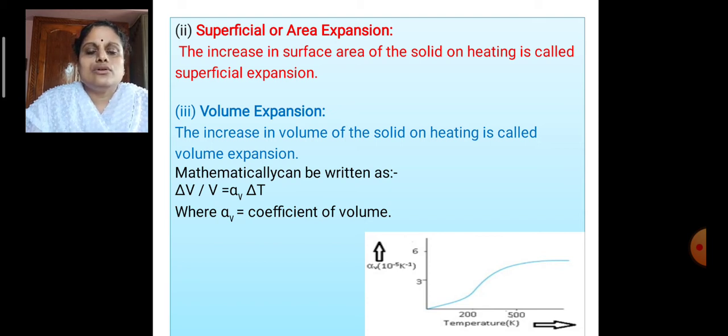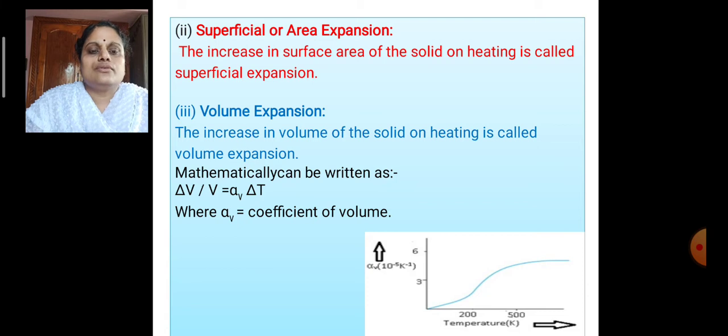Here also, the change in volume delta V divided by the original volume V will be proportional to the change in temperature delta T, or delta V by V is equal to a constant into delta T, where the constant is alpha V, known as the coefficient of volume expansion.